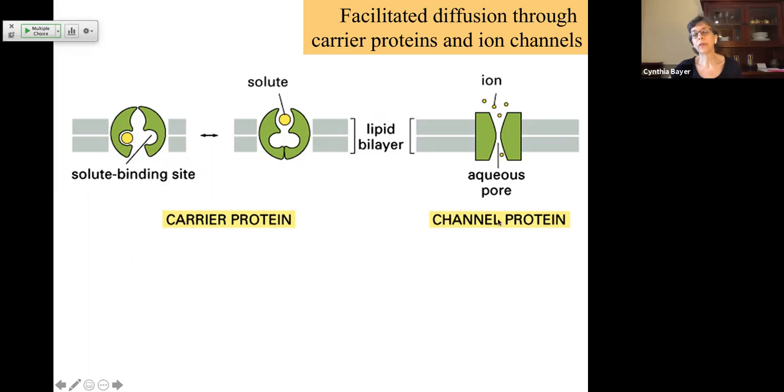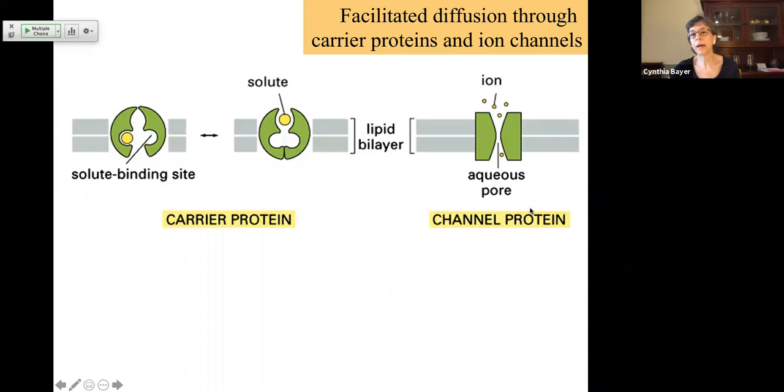We contrast that to a channel protein, which again is another transmembrane protein, but it doesn't change its shape. That channel protein crosses the lipid bilayer multiple times and forms essentially a hydrophilic channel that allows ions to be able to diffuse through that space.